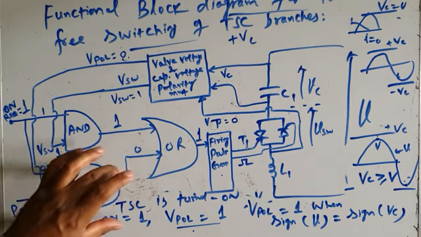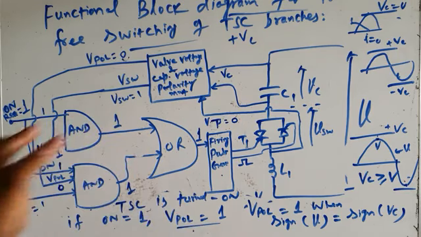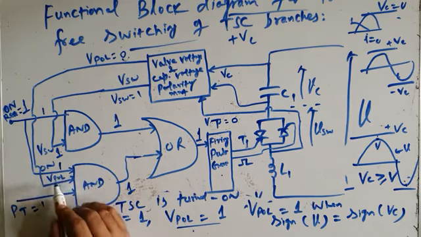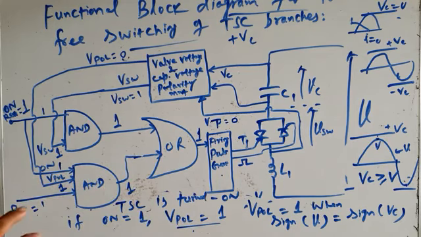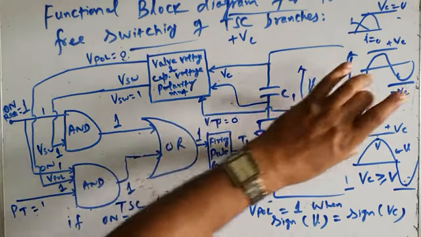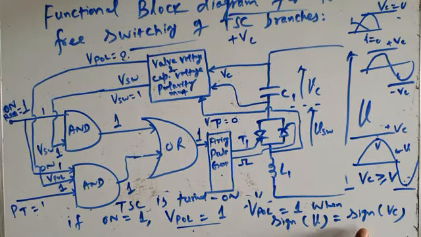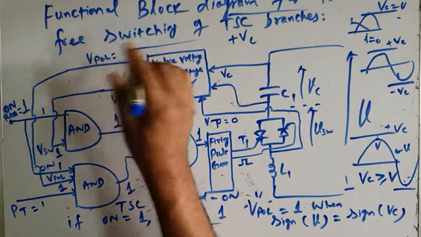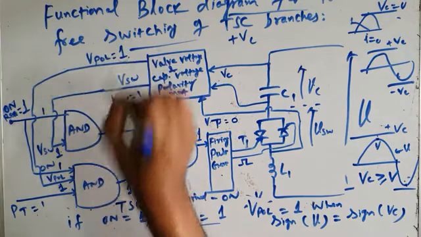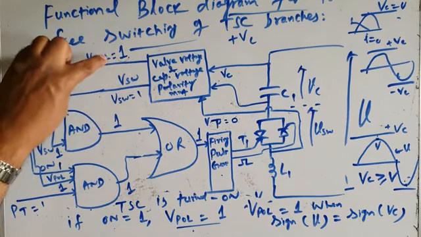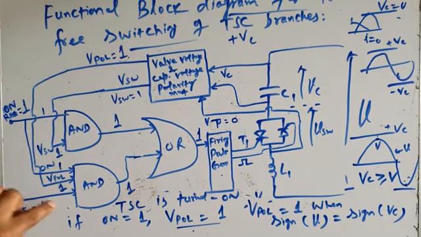The AND gate will give high output only when all three inputs are high. And VPOL will be high only when the instantaneous value of the bus voltage V has the same sign as the capacitor voltage polarity. And when that is the case, this block will give VPOL equal to 1. So this gives VPOL 1, and all three signals are high.